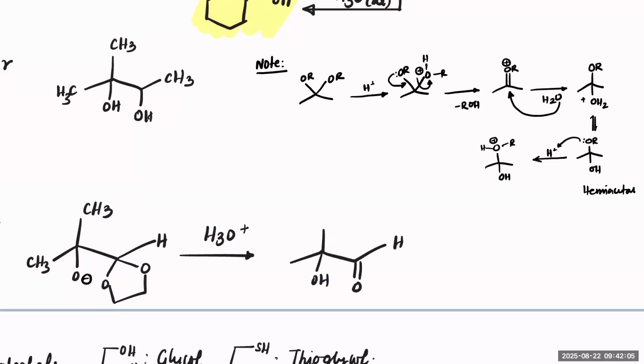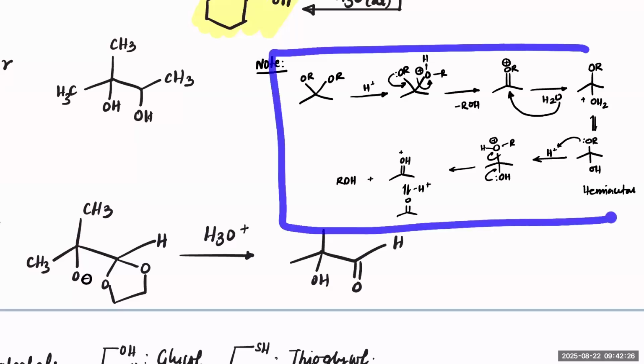Now again the lone pair from here will push, alcohol will go away, and you will have this as double bond OH plus plus ROH. Okay. And this would give away H plus to convert finally into keto form, right? So this is how the hydrolysis will take place.